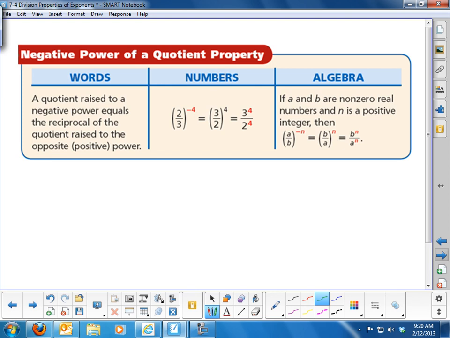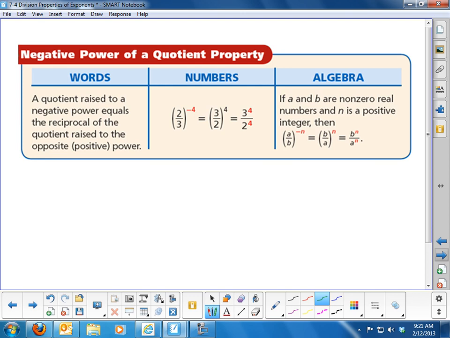Next one, last one, guys, negative power of a quotient. This is the same thing as what we just did, except now our exponent's negative. Well, what do we do when we have a negative exponent? We bring whatever's in the numerator down to the denominator, whatever's in the denominator up to the numerator. So if I have 2/3 to the negative 4th power, how I'm going to address this negative exponent, guys, is I'm just going to completely flip my fraction, okay?